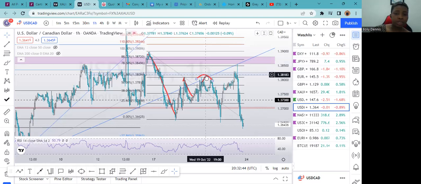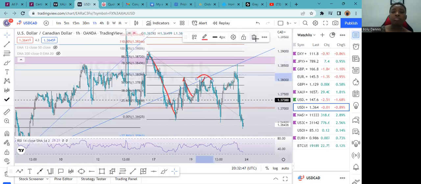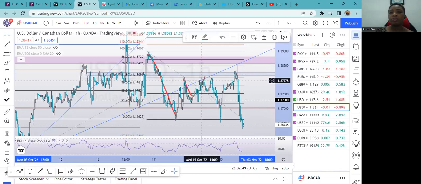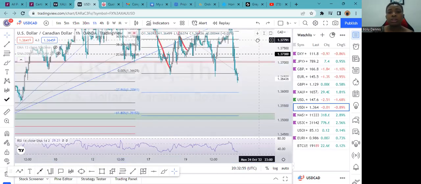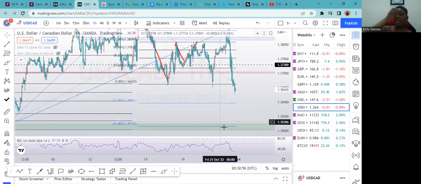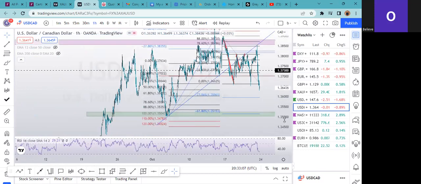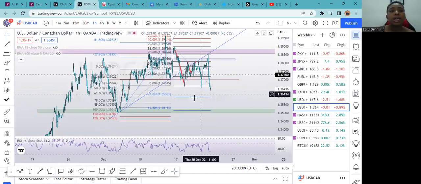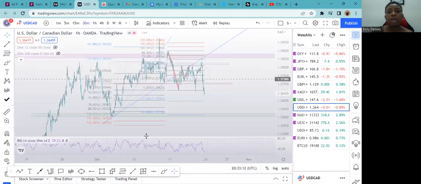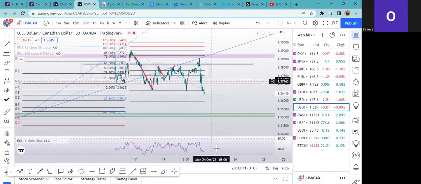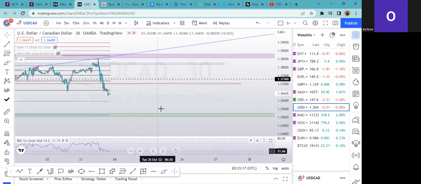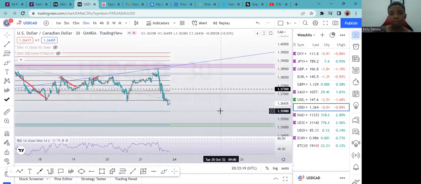And currently with USD CAD, we have that move in play, a sell move. We are looking at price to go down to the second TP, which aligns perfectly with a zone, right? A 4-hour demand zone, support resistance zone. So now how you would play this is just wait for a pullback and then on a lower time frame, we're going to be moving with minor structure.